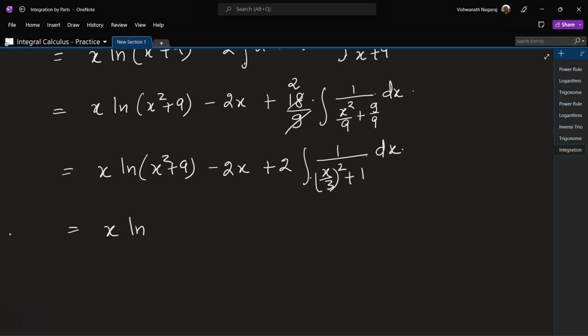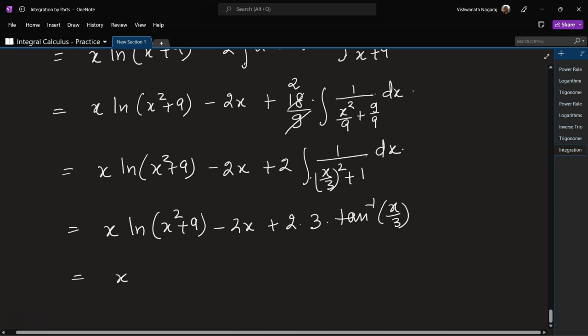So this would be tan inverse, and this would be 3 times tan inverse of x by 3.